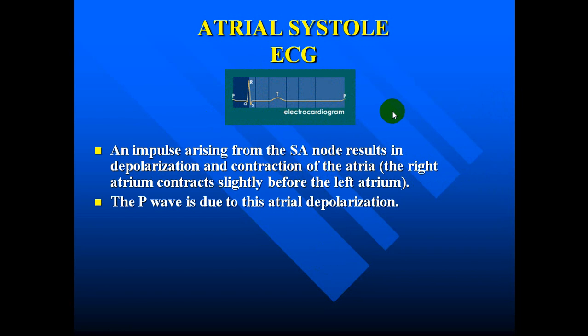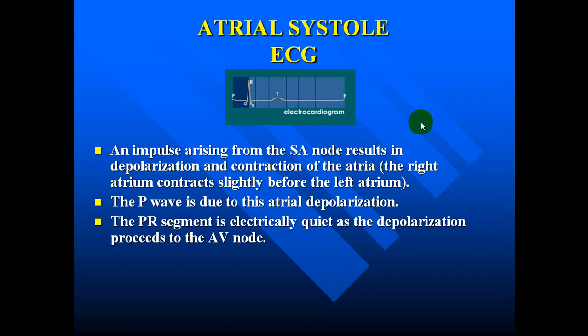So the P wave is due to atrial depolarization. The PR segment is electrically quiet as depolarization proceeds through the AV node.